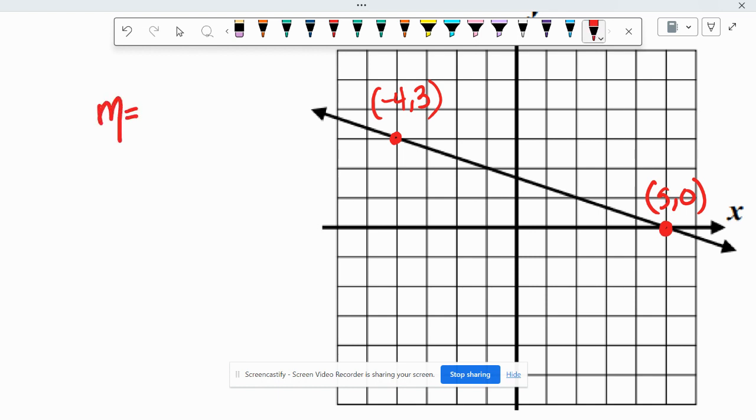Okay, so let's see. Our slope, I'm going to label these x sub 1, y sub 1, right on my graph, and x sub 2, y sub 2, right on my graph.